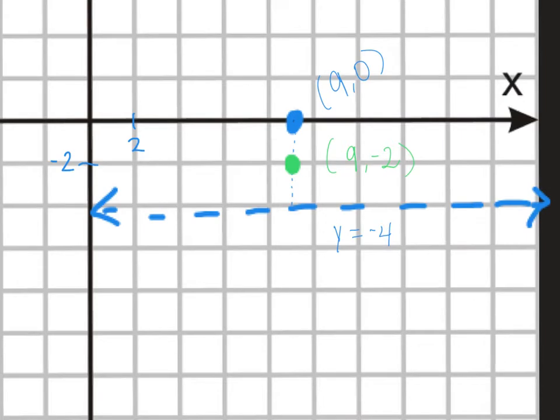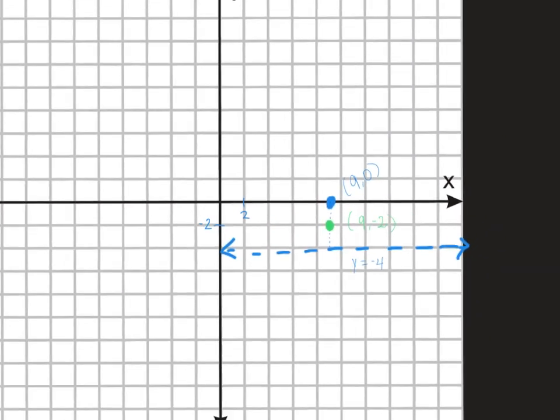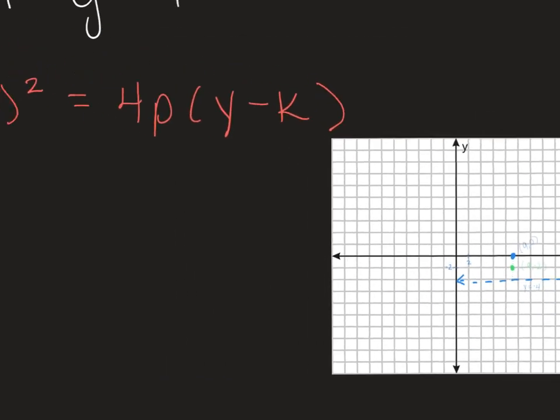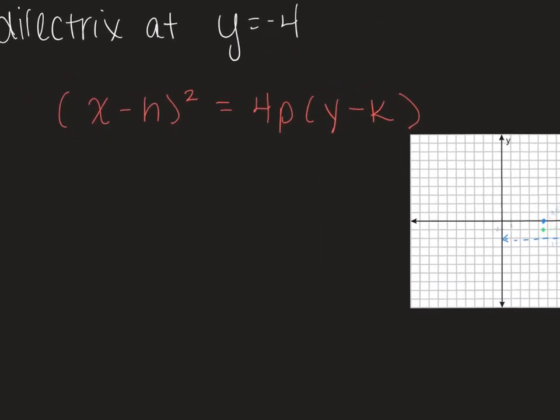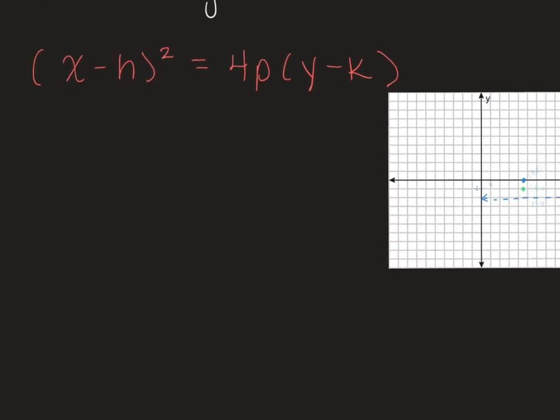Now what's nice about this is that this is also your h and your k. So when you go back to your equation, you already have your h and your k, and we can find our p. So that'll be the last thing we need to find. So I'm going to go back to the equation I already have written. And we just found out our h and our k is going to be 9 and -2. So I'm just going to rewrite it.